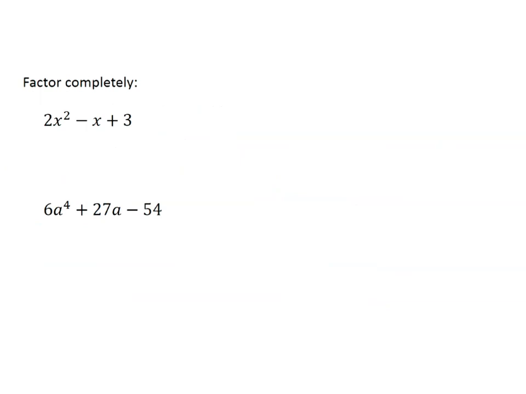All right, so let's factor these. Let's use the discriminant test to see if this can be factored. So this is my a, this is my b, negative 1, and this is my c. So the discriminant is b squared minus 4ac.